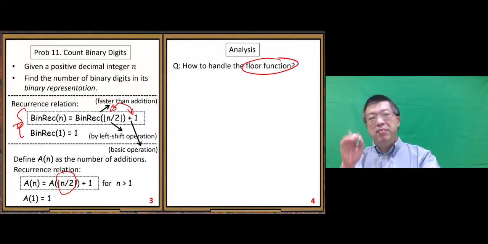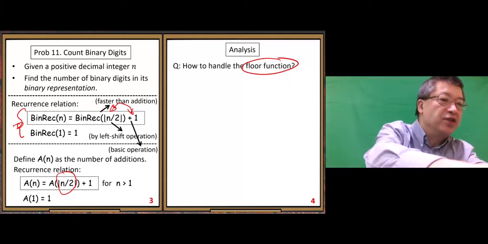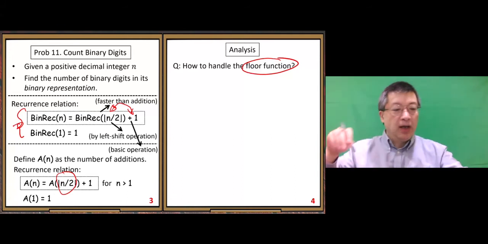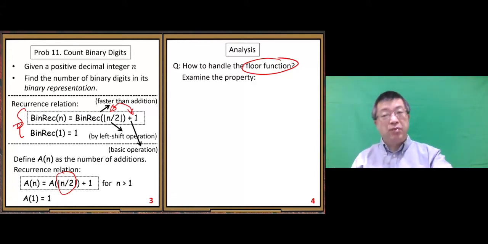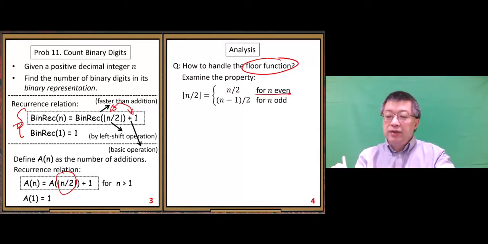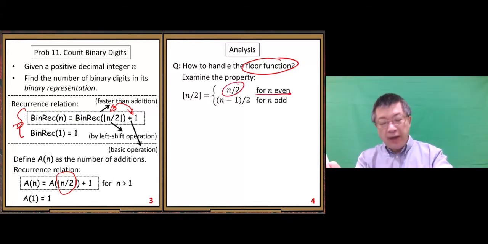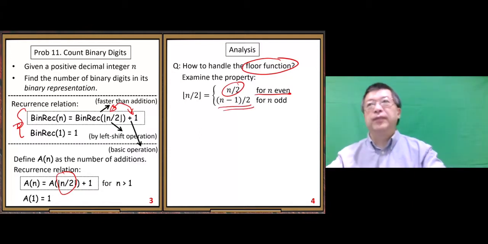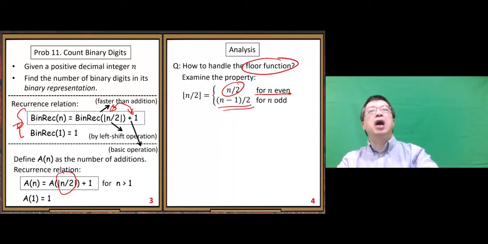So that's the main part we need to consider. Let's look at the property of the floor function. When n is even, it is 1/2 of n. But when n is odd, you need to do n minus 1, then divide by 2. That's the property.